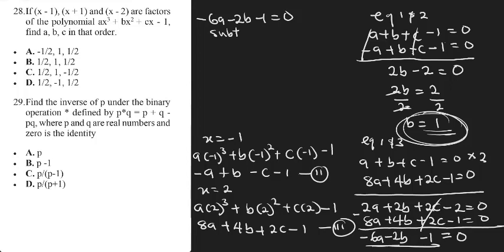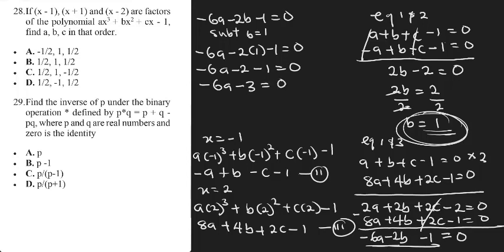Wherever we see b, we'll put 1. So this is -6a - 2 times 1, which is -2, then -1 equals 0. So now this is -6a - 3 = 0.